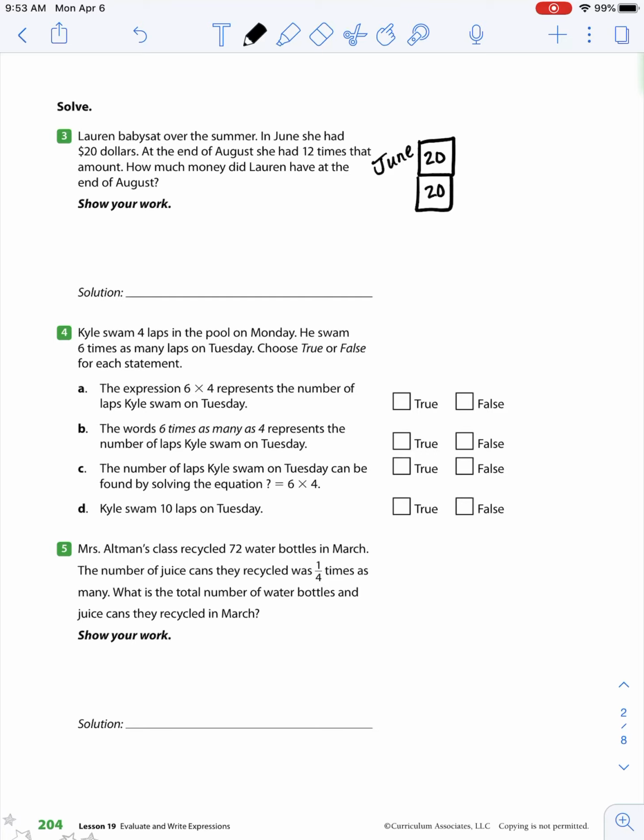The end of August, she had 12 times that amount. I would have to do this 12 times, right? Wow, she must really have been babysitting. I'd have to keep doing that 12 times, right? So ultimately, what we have is $20 times 12.